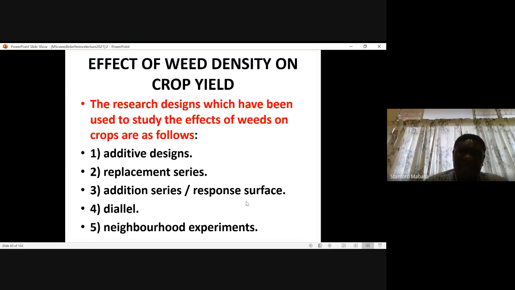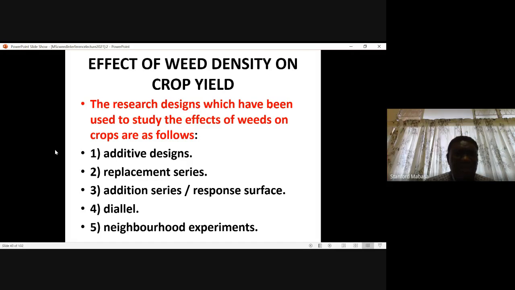So there are research designs which have been used to study the effects of weeds on crops. And I've got some of these research designs or procedures, rather.